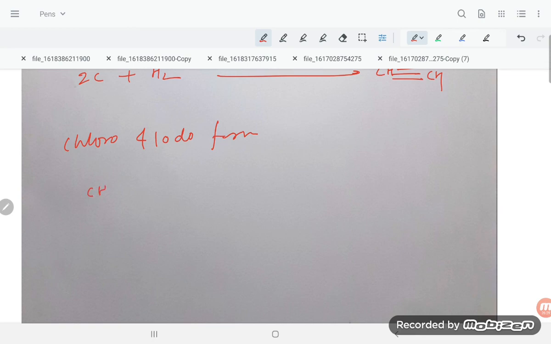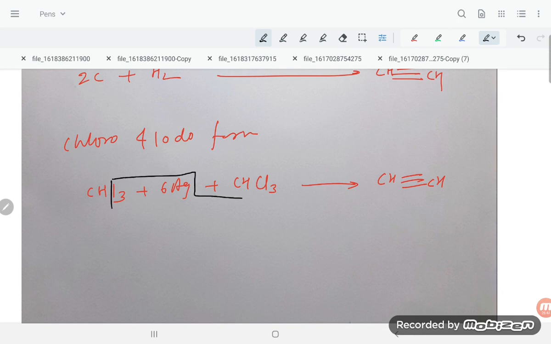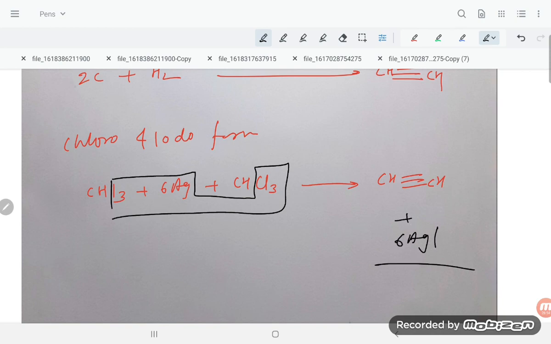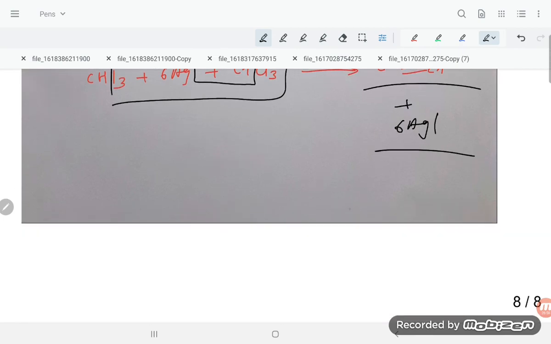If you take CHI3 plus 6 Ag, and here CHCl3, what forms here is CH triple bond CH coming out, and lastly 6 AgI is formed. So this is our required product, students.